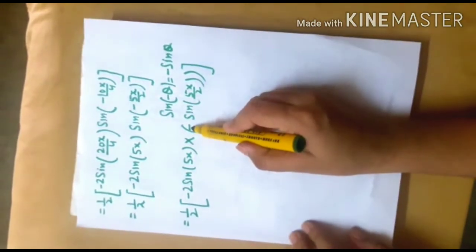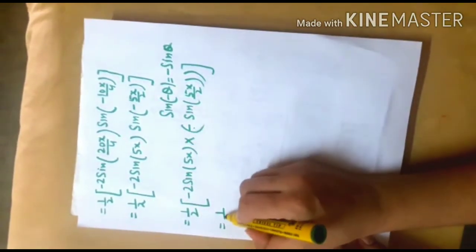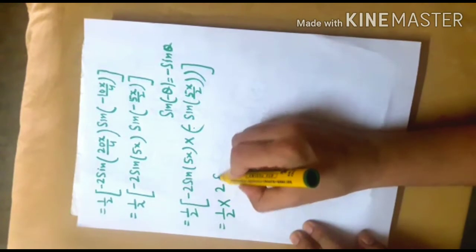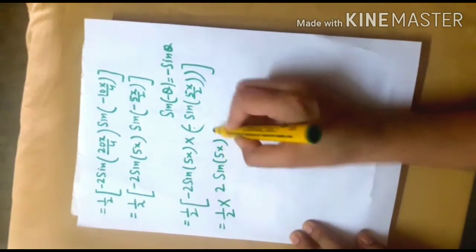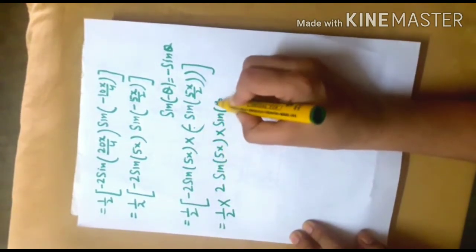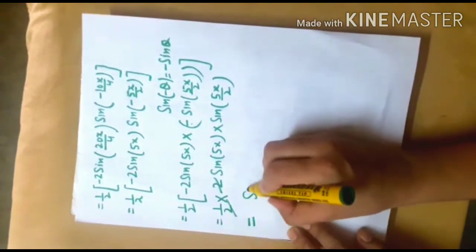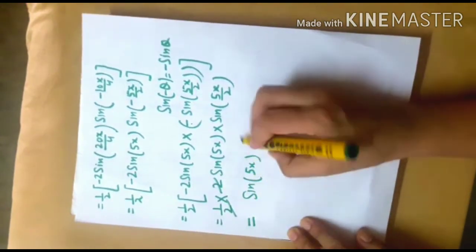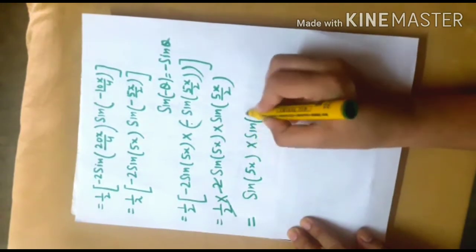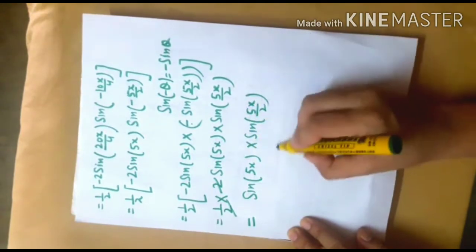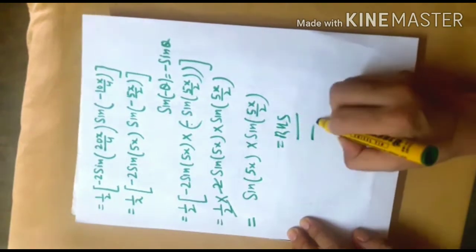So this negative 1 into negative 1 will give you plus 2 sine 5x into sine 5x by 2. This will get cancelled out and you will get sine 5x into sine 5x by 2, which is equal to the right hand side.